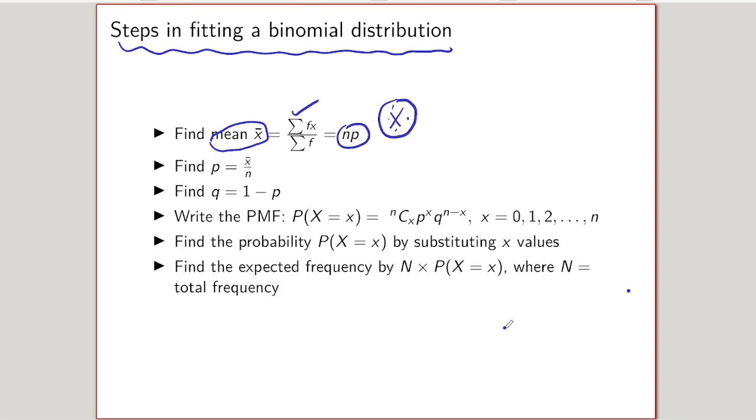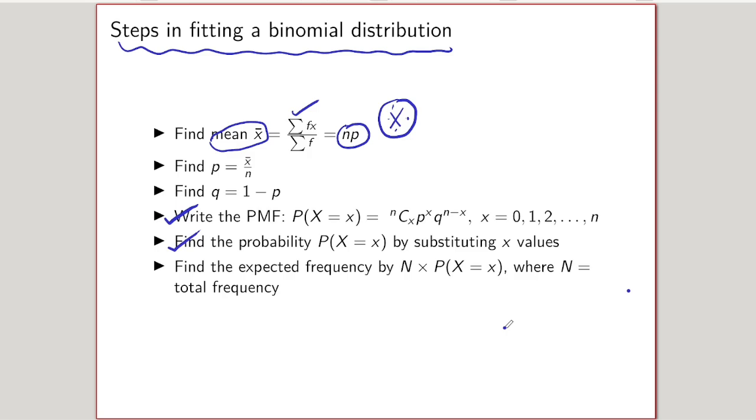We are going to equate this mean value to np, and the p value can be found using x bar divided by n. Next, we can find q as 1 minus p. After finding p, q and n, we have to write the PMF function, and after writing the PMF function we are going to find all the probability values by substituting x equal to 0, 1, 2, etc., up to the last value n.